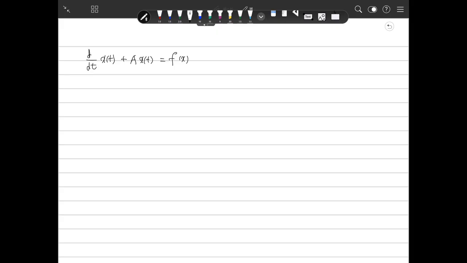Then the solution of x(t) will be the sum of x_n(t) plus x_f(t). x_n(t) is the natural response, and x_f(t) is the forced response.